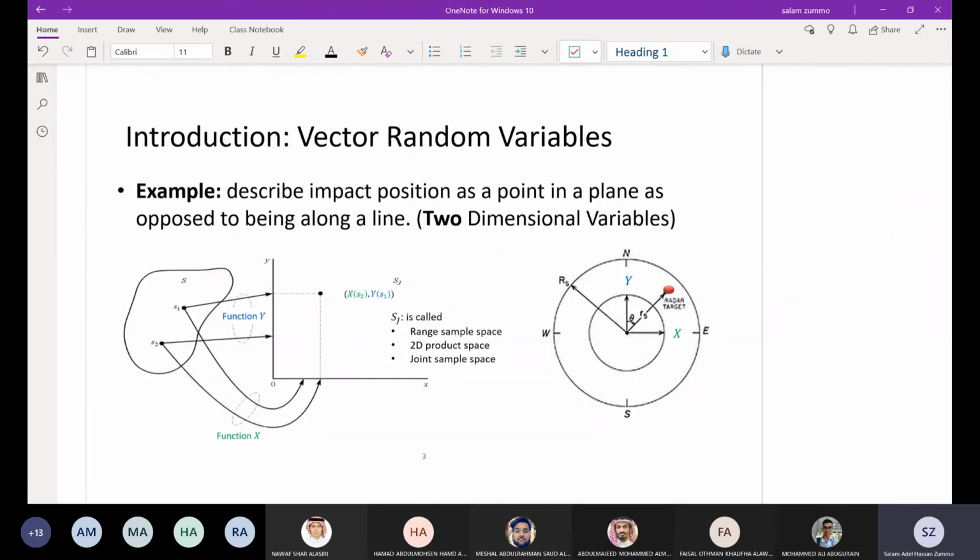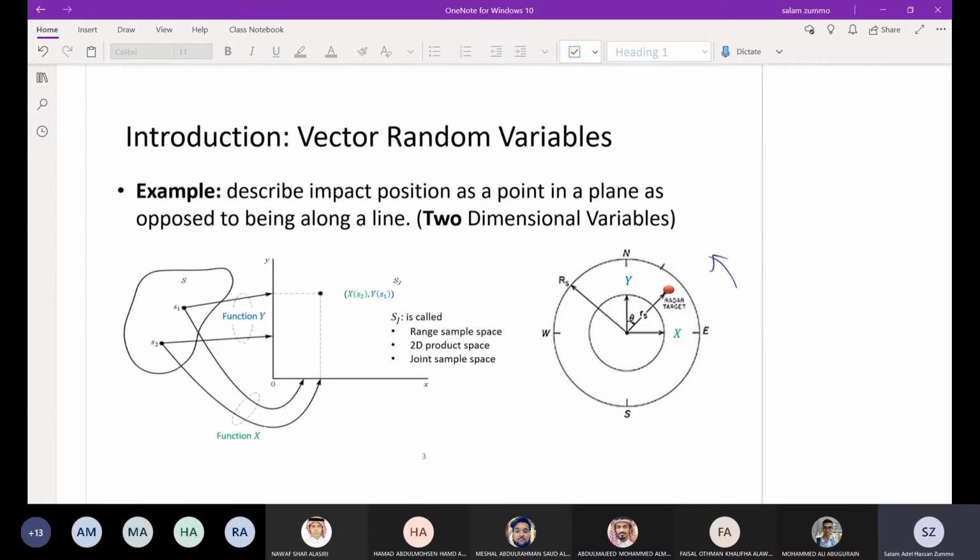So when we talk about a vector of random variables, we are talking about two random variables at one time. So for example, if I'm interested in describing the position as a point in a plane. If I'm interested in the position, not in the angle. لو تتذكروا كنا نتكلم على ال rotation and we always define the angle, right?